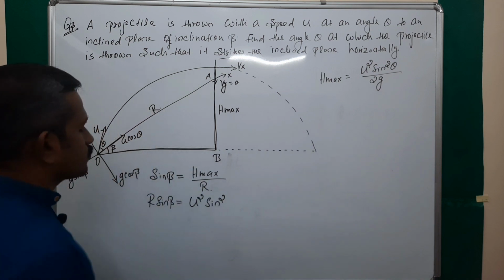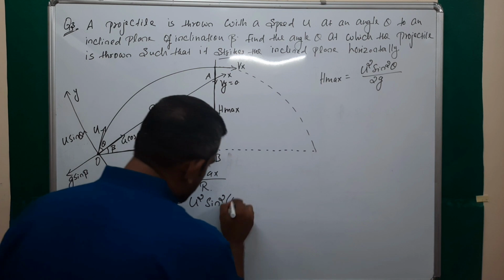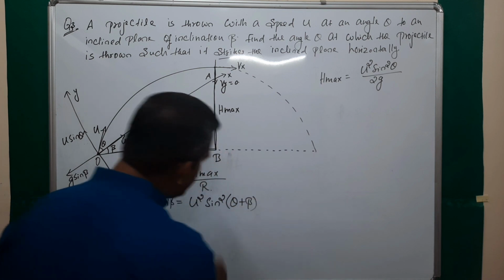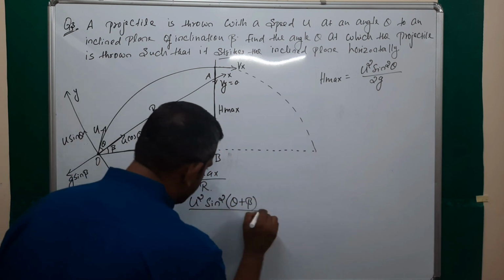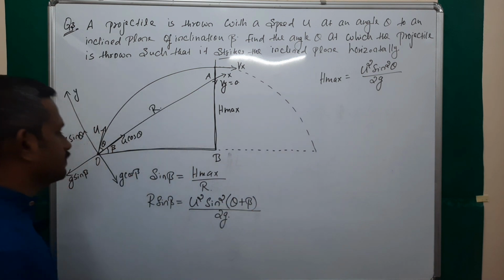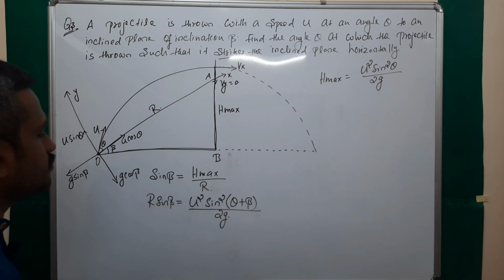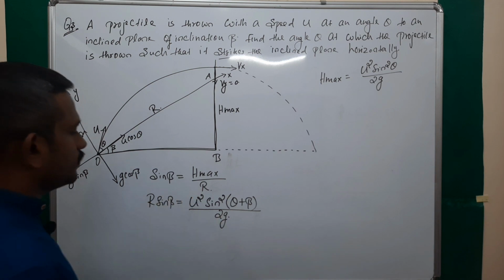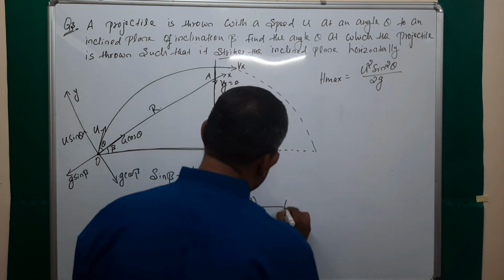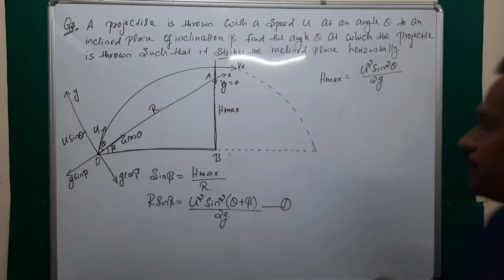Here the angle of projection is theta plus beta, which is very important. So h max is u square sin square(theta plus beta) divided by 2g. Shall we write this? R sin beta is equal to h max, which is u square sin square(theta plus beta) divided by 2g. Take it as equation number 1.